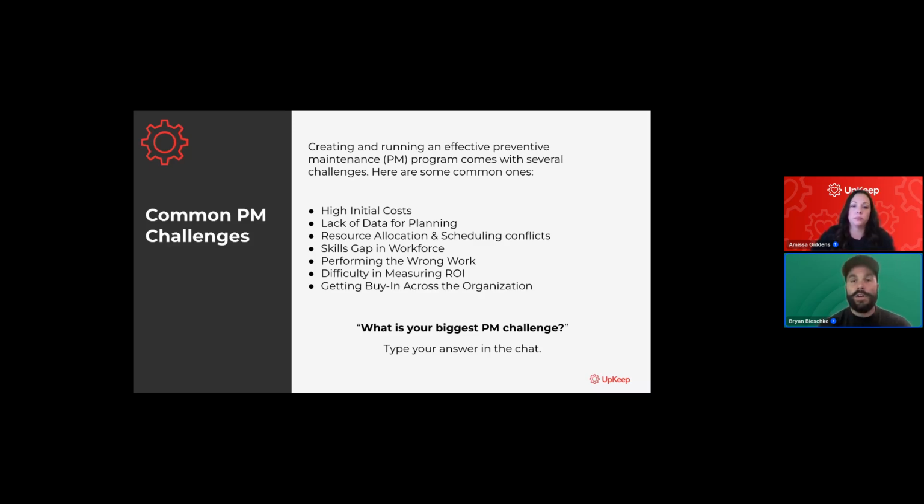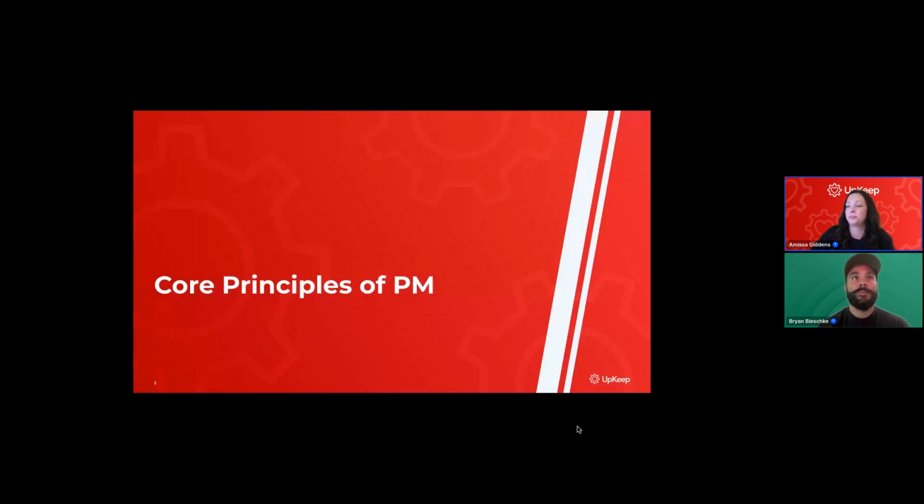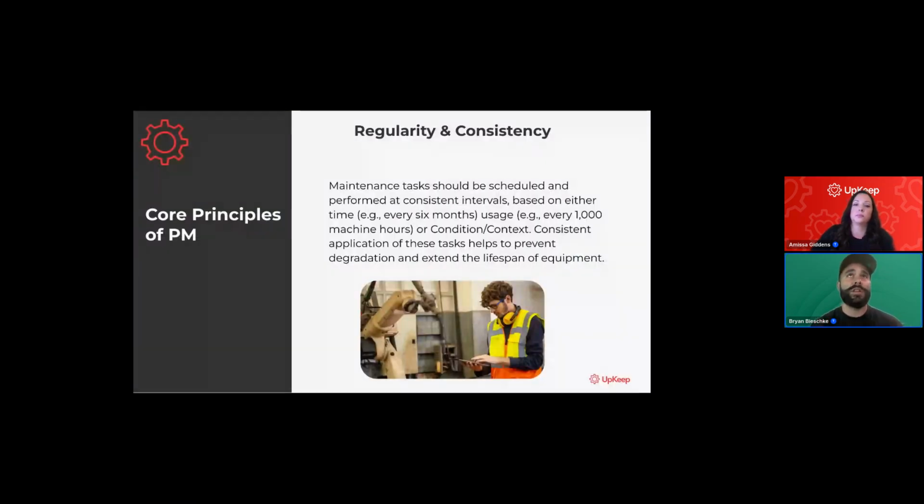All right, moving on. What are the core principles of preventive maintenance? We want to do regularity and consistency. Maintenance tasks should be scheduled and performed at consistent intervals, however you decide to do that. That can be time-based, it can be usage, it can be condition and context, right?